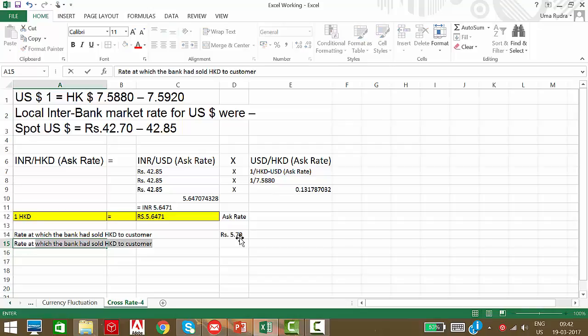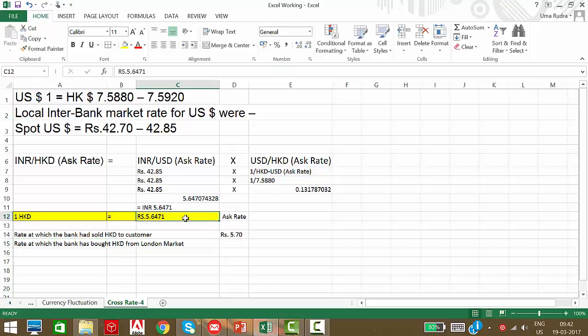The rate at which the bank has bought HKD from the London market, what was the rate? Which we have calculated.